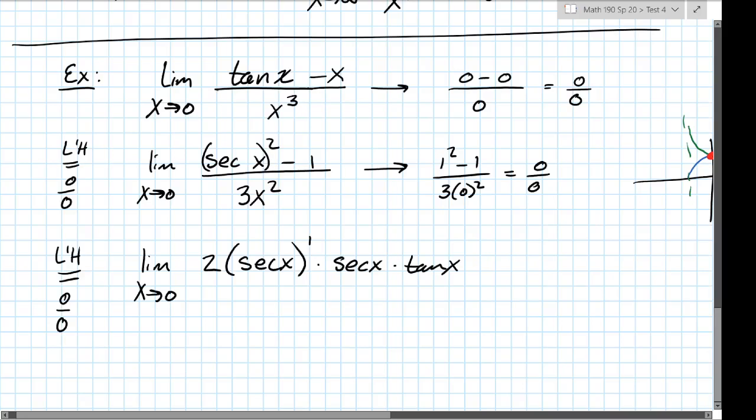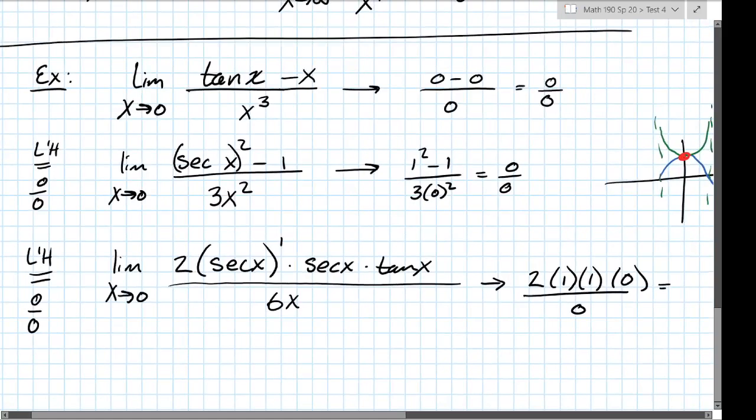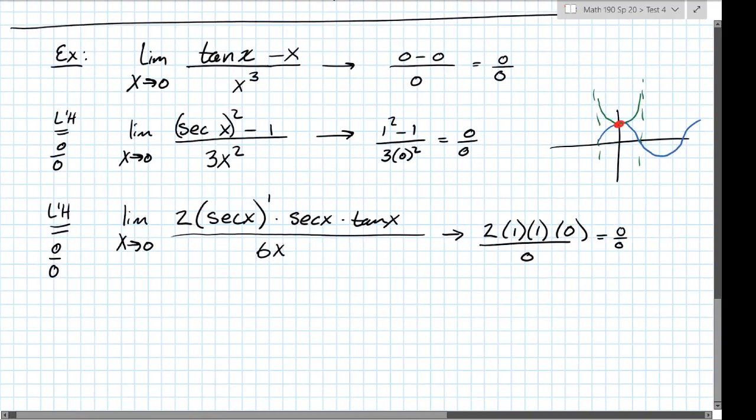The derivative of negative 1 is 0, divided by a 6x. Trying direct substitution again yields 2 times 1 times 1 times 0 divided by 0 is 0 over 0. This is indeterminate, so we can apply L'Hopital's rule again.